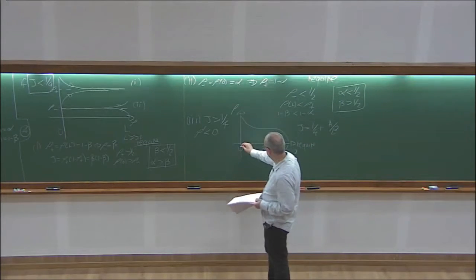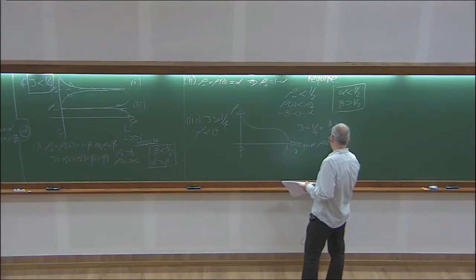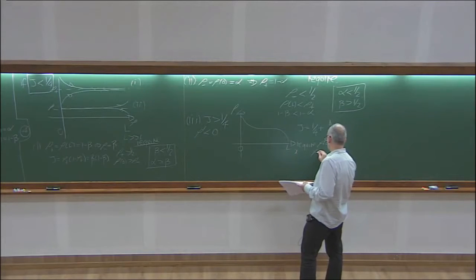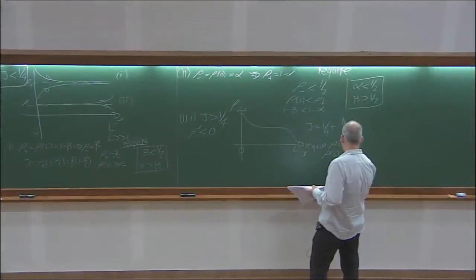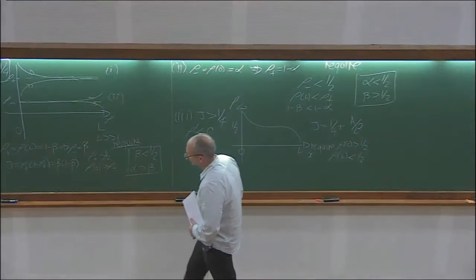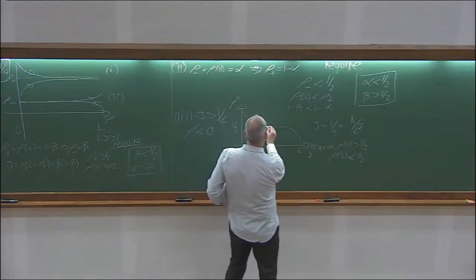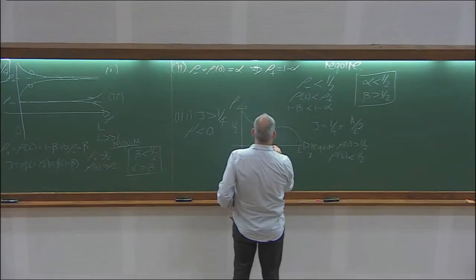So we need at 0 that rho 0 is greater than a half, and rho L is less than a half. Sorry, I should have said this density here is, of course, a half, because that's where the derivative will be flattest, at rho equals a half. So rho equals a half should be there, and this should be around about half of the system.